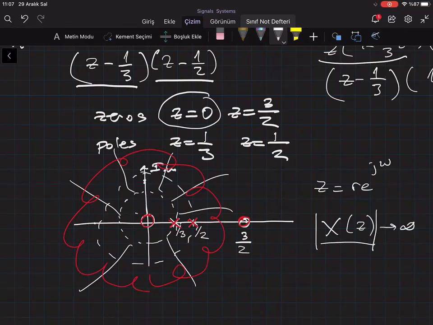Okay, if you think about filters, we are trying to come up with such designs of filters, and those filters will give us 0 amplitude for certain frequencies, and bigger amplitudes for other frequencies.